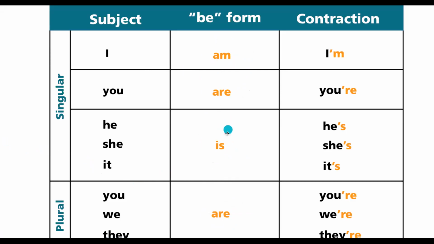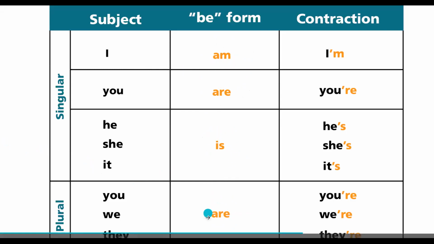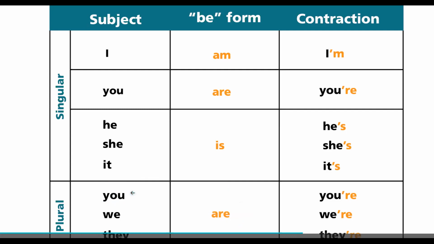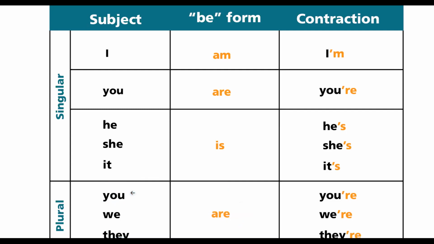¿Cómo me puedo acordar? Is siempre va a ser para singular: él, ella, eso. Are siempre va a ser para plural: ustedes, nosotros, ellos. Y también para you, sea singular o plural. Porque recuerden que en el inglés el you puede ser tú, puede ser usted o puede ser ustedes.